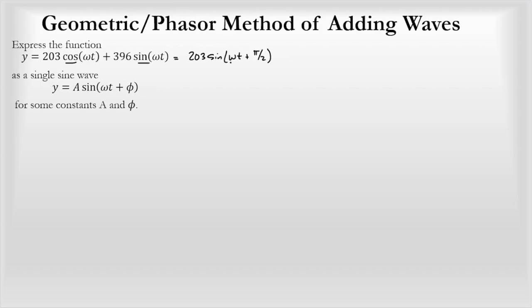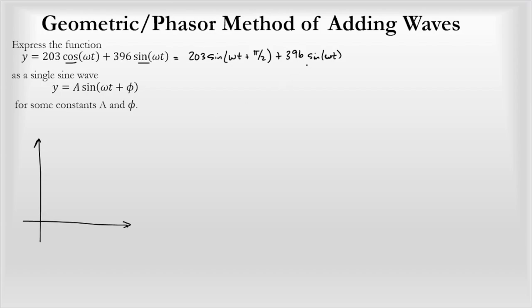Cosine is sine plus pi over 2, so I'm just going to add that pi over 2 in there, plus 396 sine omega t. So I'm going to have these represent two different vectors in space, and you'll see where this is going super quick, super easy.